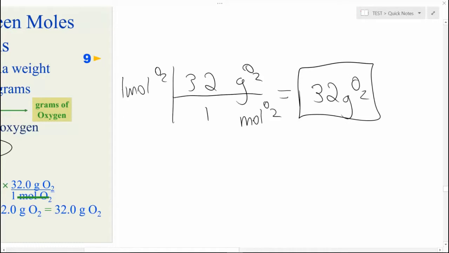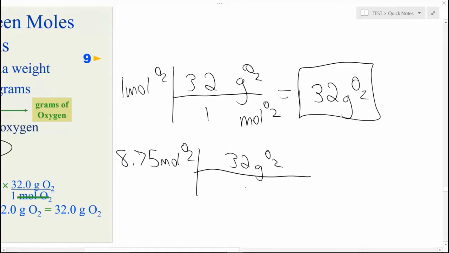I could make that number anything, 8.75 moles of O2, and the process would be the same: 32 grams of O2 for every 1 mole of O2, and that will allow me to convert, once again, to the grams of O2.